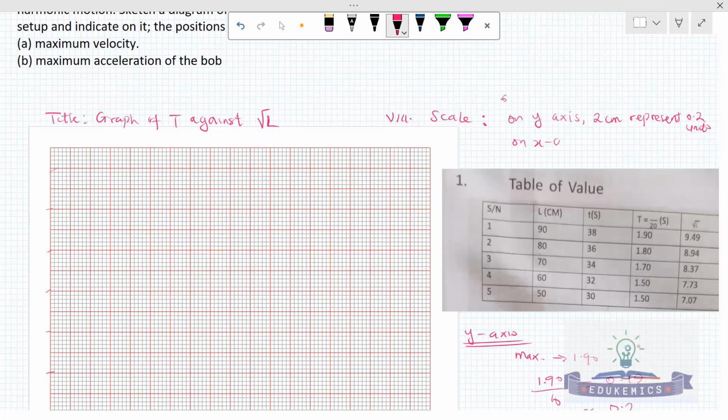On the x-axis, 2 centimeter represents 1 unit. That's what it means.